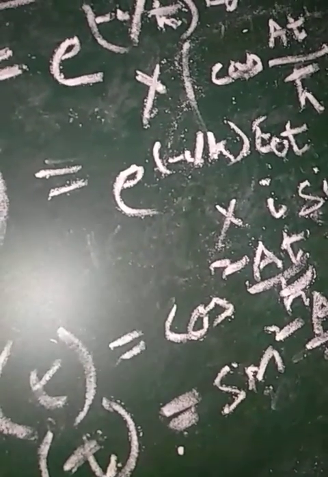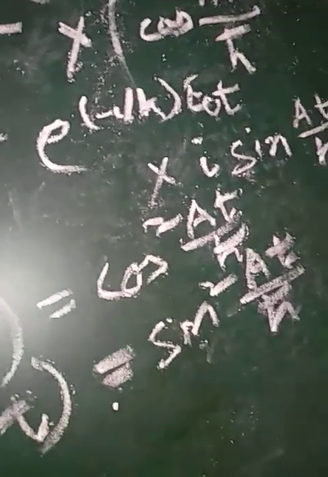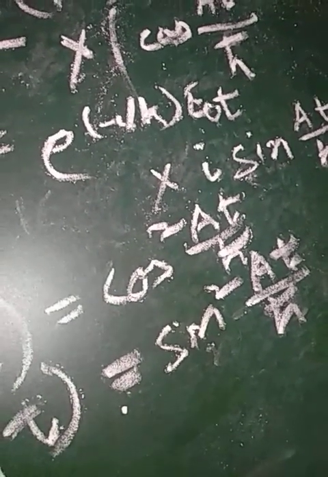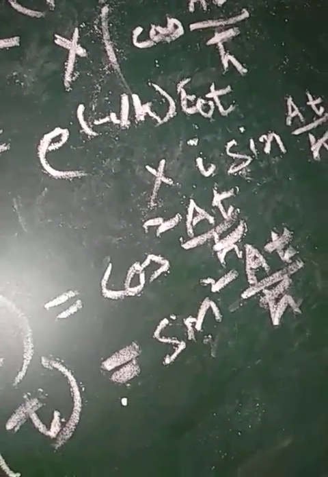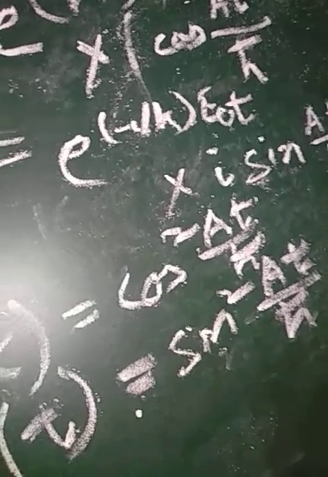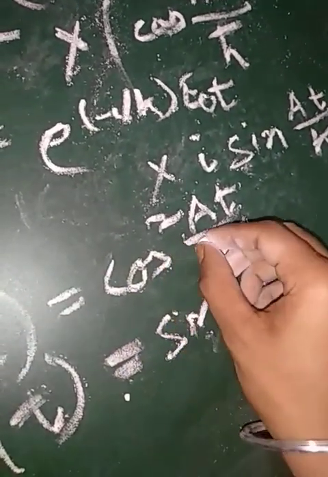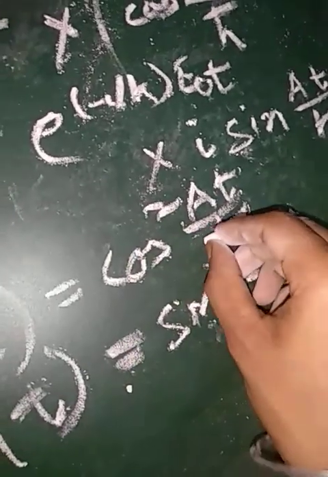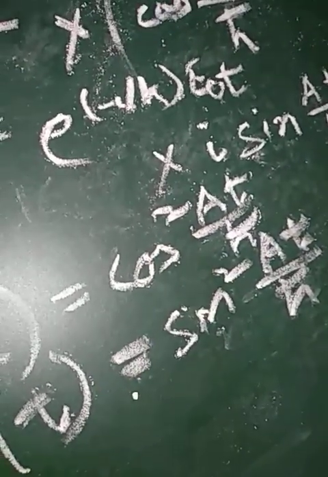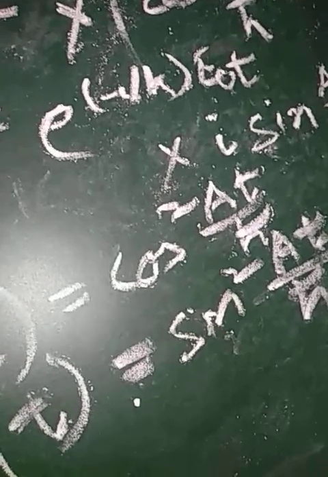So the time can be calculated from here; it will be something multiplied by pi by 2, h cut pi by 2A.